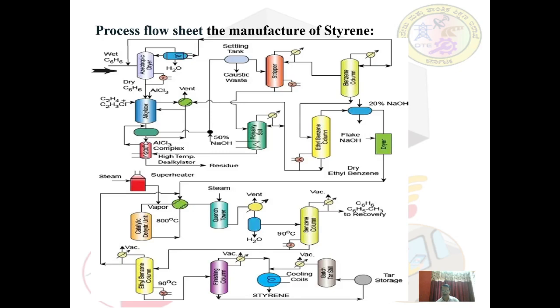The final overhead is styrene, that is about 99.8%, which is then refrigerated at 10 degrees Celsius or less and then either stored in insulated tanks or used immediately for polymerization. So this is the process which is going on in the production of styrene from benzene.